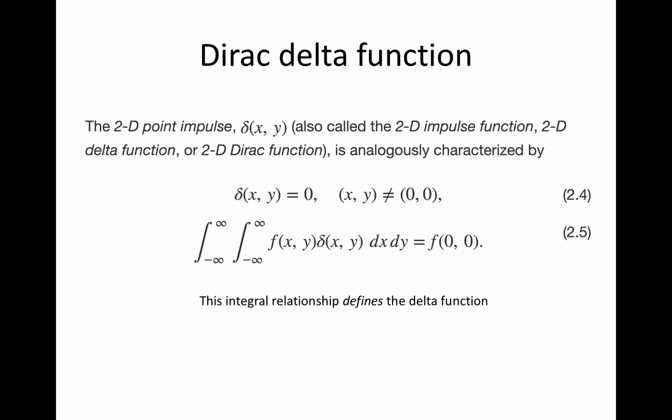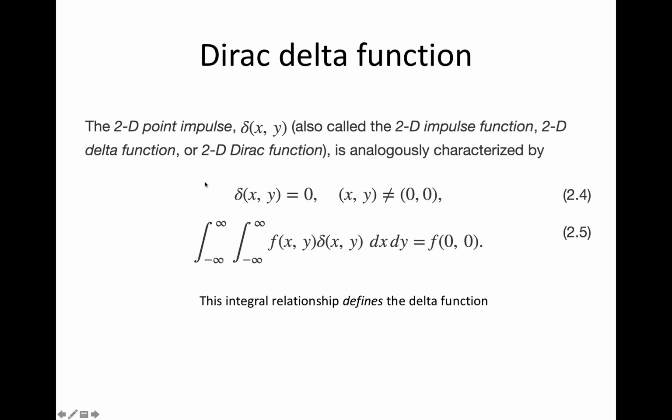So it's mathematically how we're going to model a point. And you say, well, how high should it be, or how narrow should it be? Well, in practical terms, it depends on how narrow you need it to be, well under the dimension of your imaging system.